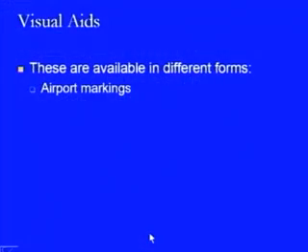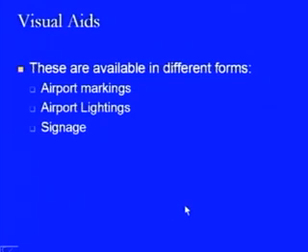And these visual aids, as we have been discussing, are available in different forms. They are available in the form of airport markings, airport lightings or signages. So, these are the three ways in which we can get the different visual aids.